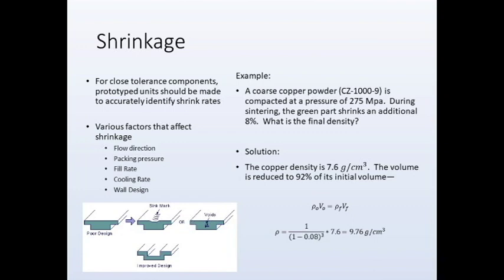Using a table from the book, we see that the copper density for that copper powder is 7.6 grams per centimeter cubed. This volume is reduced to 92% of its initial volume, so we just use the equation shown below and find the final density of our component.